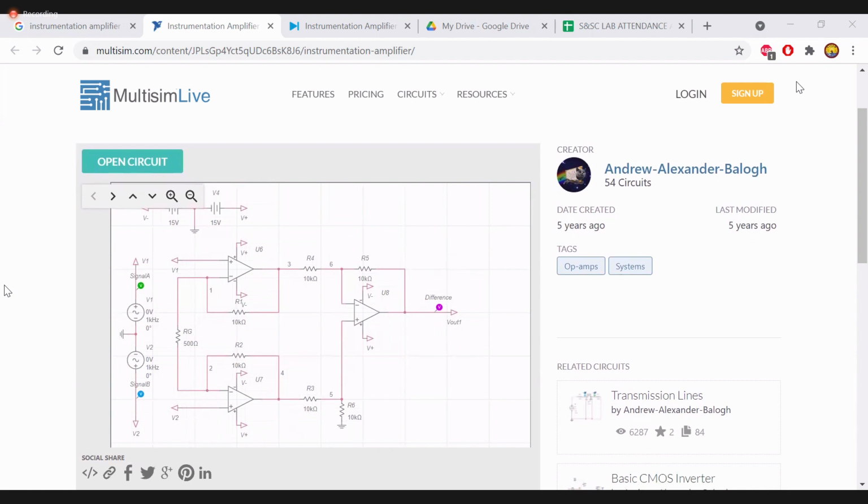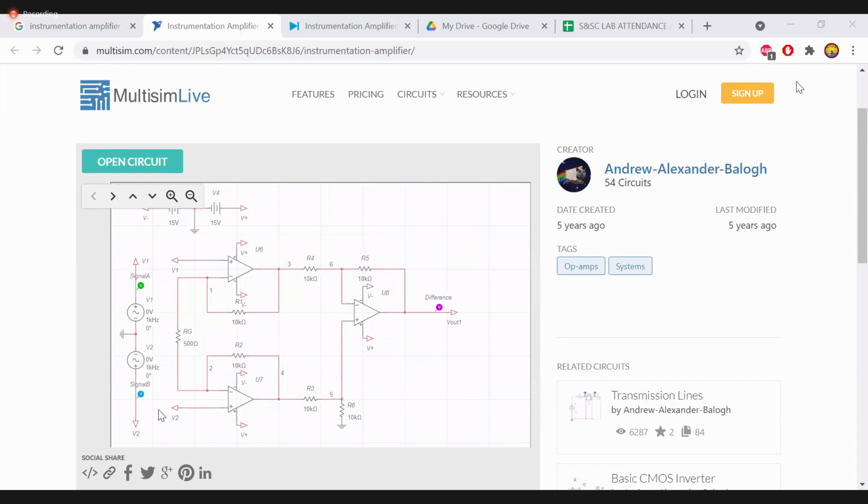In theory class, I have shown the same circuit. Here we are using three operational amplifiers. This triangular device is known as operational amplifier. An operational amplifier is nothing but a differential amplifier. It will take two inputs.